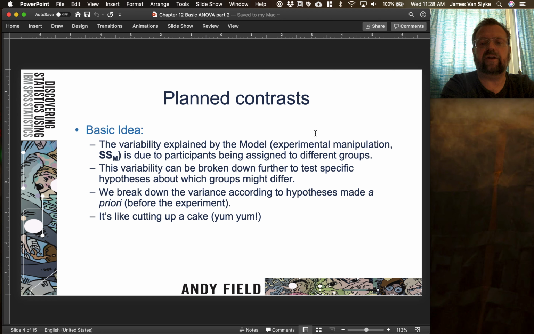So we break down the variance according to hypotheses that we make a priori, meaning that planned contrasts are always based on hypotheses that you make prior to running the data, or your expectations about where some of those group differences might lie.